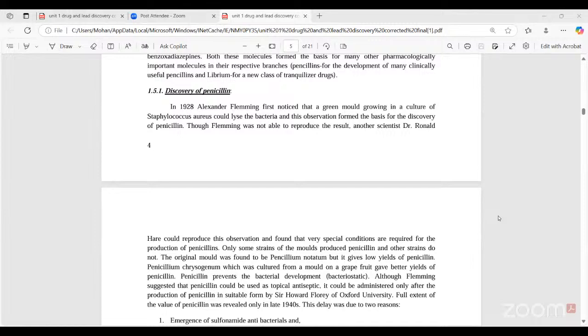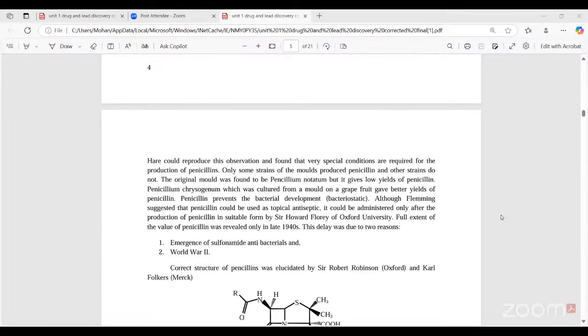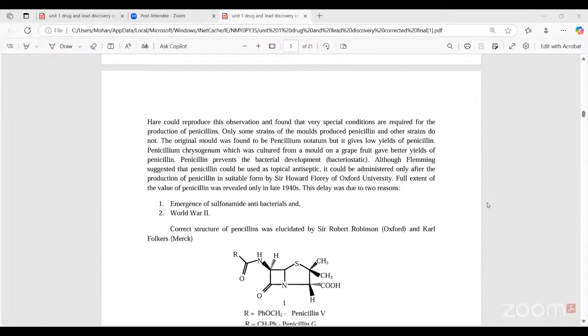Fleming was not able to reproduce the result. Another scientist, Dr. Ronald, could reproduce this observation and found that very special conditions are required for the production of penicillin.